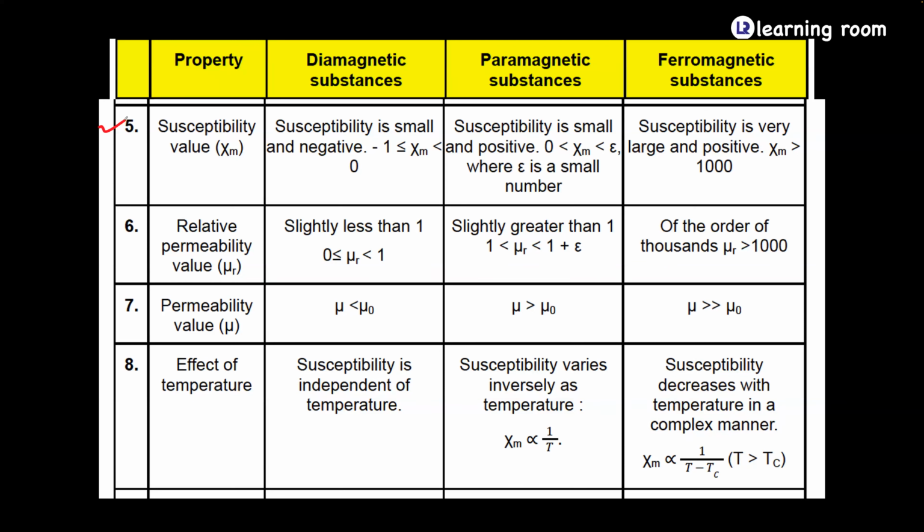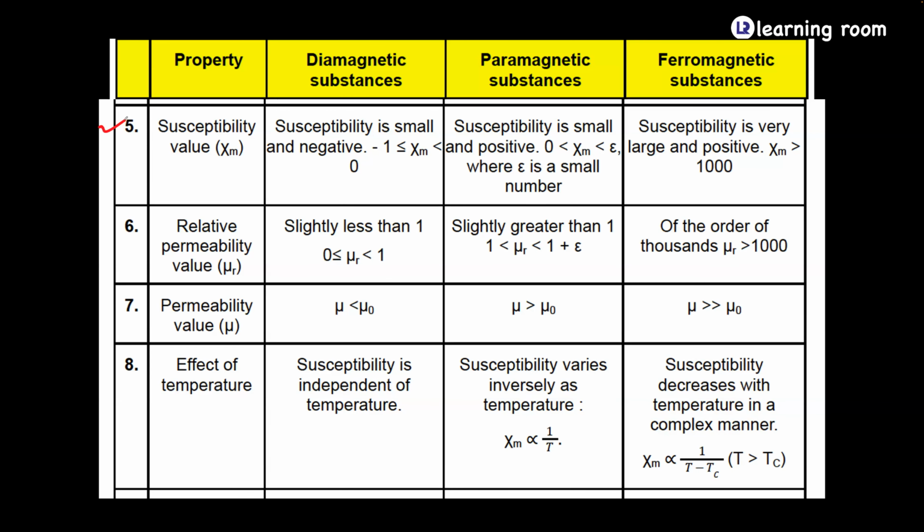So what do you think is going to be the susceptibility of a diamagnetic substance? First question, is the diamagnetic substance in the first place getting magnetized? It is not getting magnetized at all. So it is going to have a negative susceptibility because it is already opposing. So susceptibility is going to be small and negative for a diamagnetic substance. It will be somewhere between -1 to 0. Am I clear with that point?